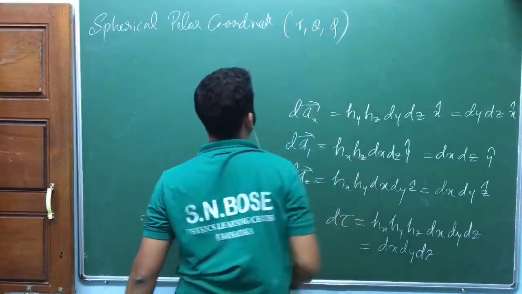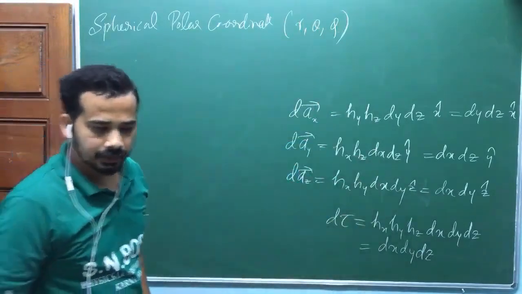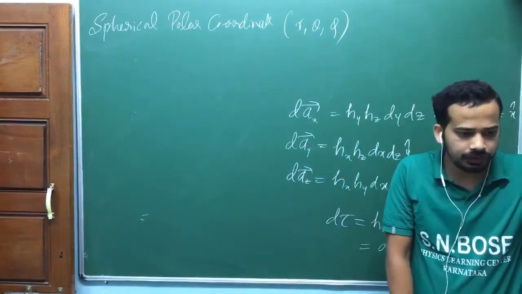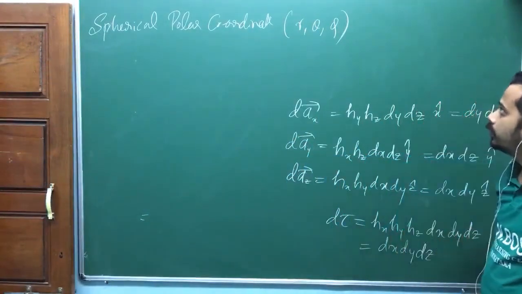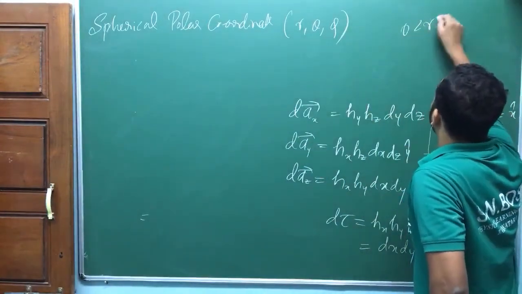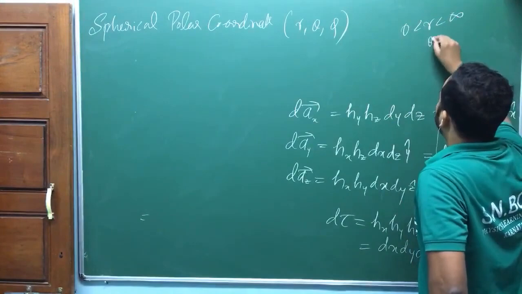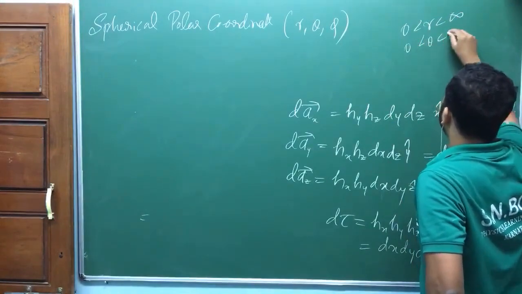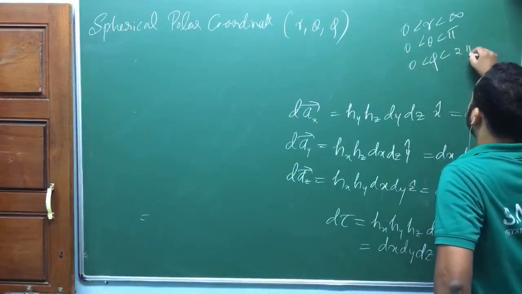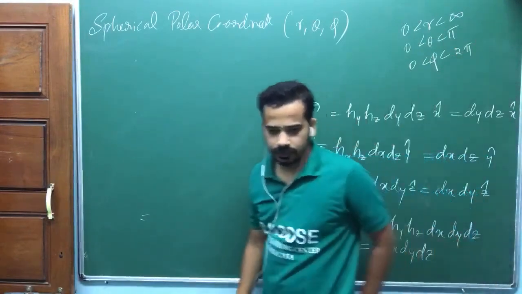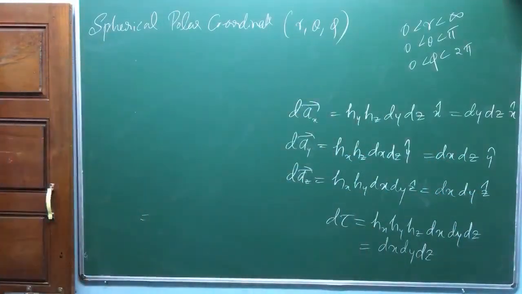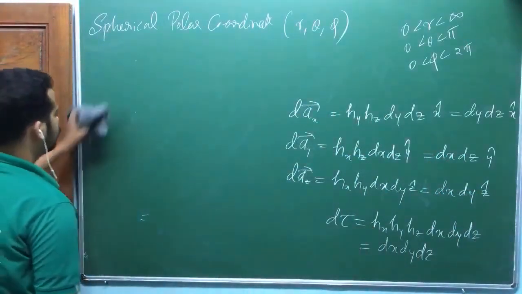R we call the radial distance, the scalar distance of a point in space from the origin. Theta and phi we can define too. R goes from 0 to infinity, theta goes from 0 to pi, and phi goes from 0 to 2 pi. Can you find the difference between theta and phi in my handwriting?